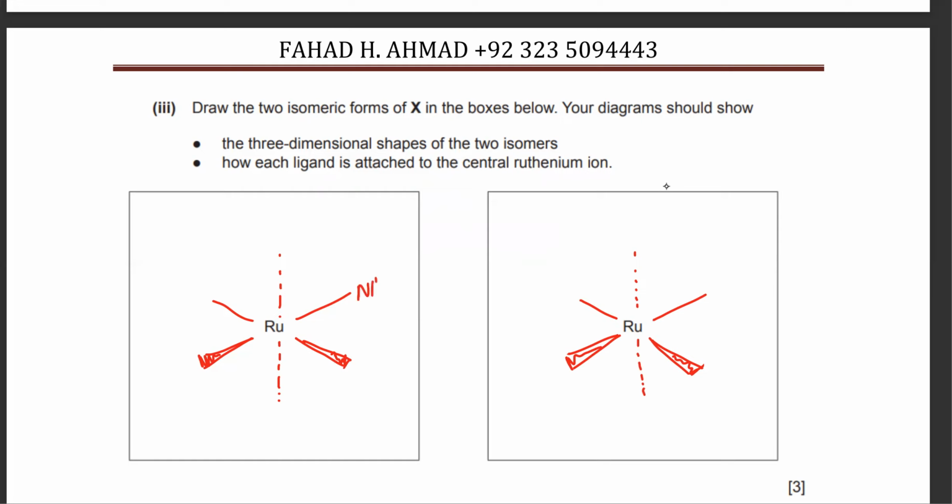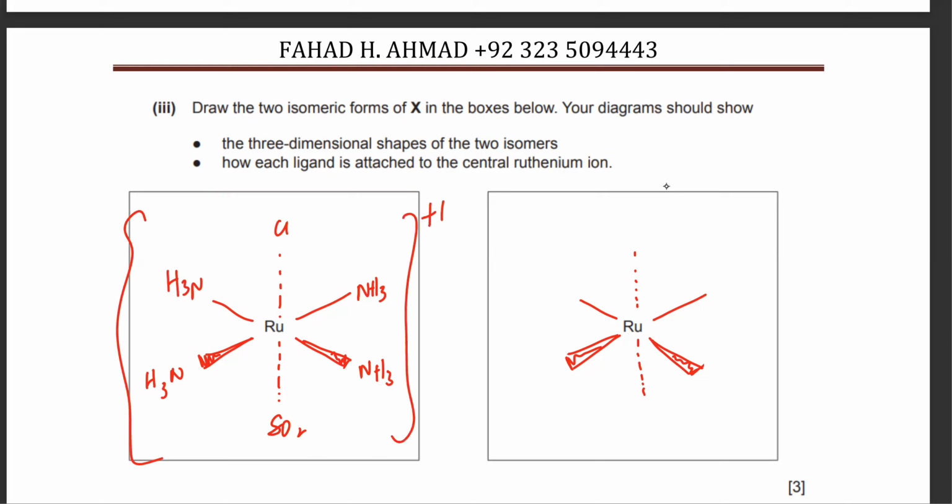Now, he said 4 NH3s, right? So the 4 NH3s could be in this order, and the Cl and the SO2 could be over here. The whole thing would have a charge of +1. That's one.